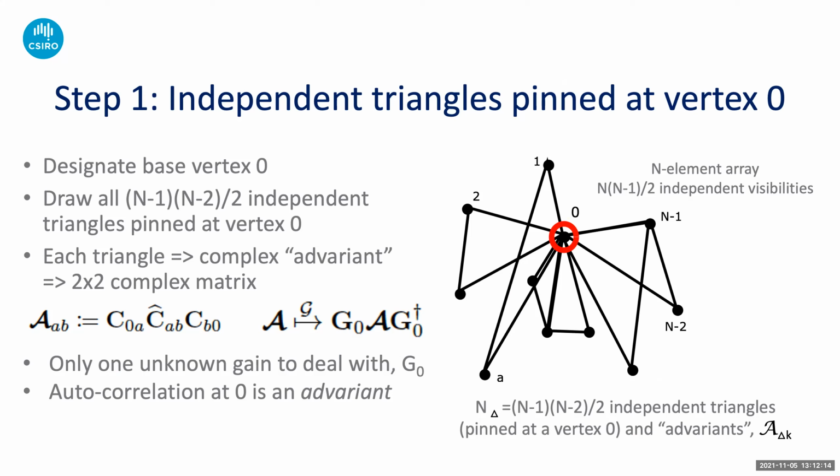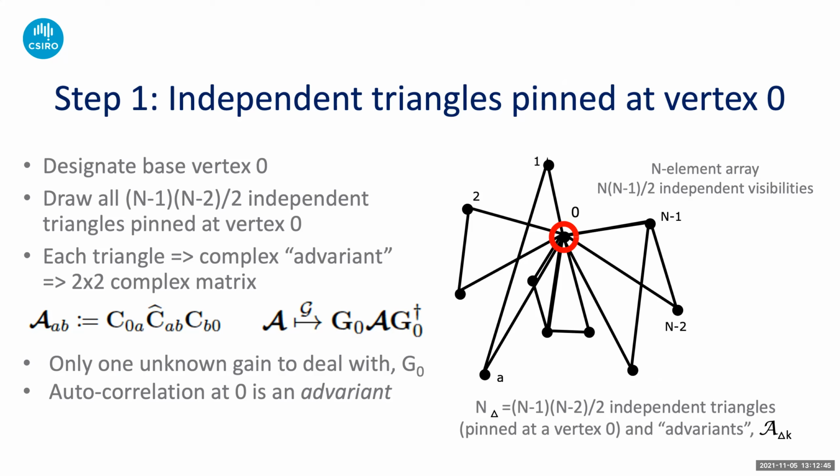And on each of these triangles, we are going to define a term that we call an advariant. This is just our coinage. An advariant is like a bispectrum, which is a triple product, except that the middle term is hatted. And then we'll find out that such advariants, when they are undergoing transformations because of antenna gains, transform with a prefactor of G0 and a postfactor of G0 dagger at the end.